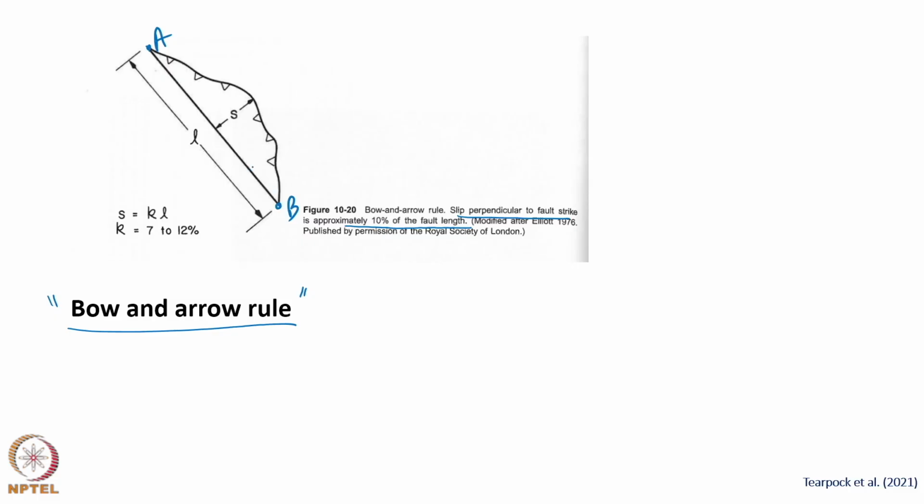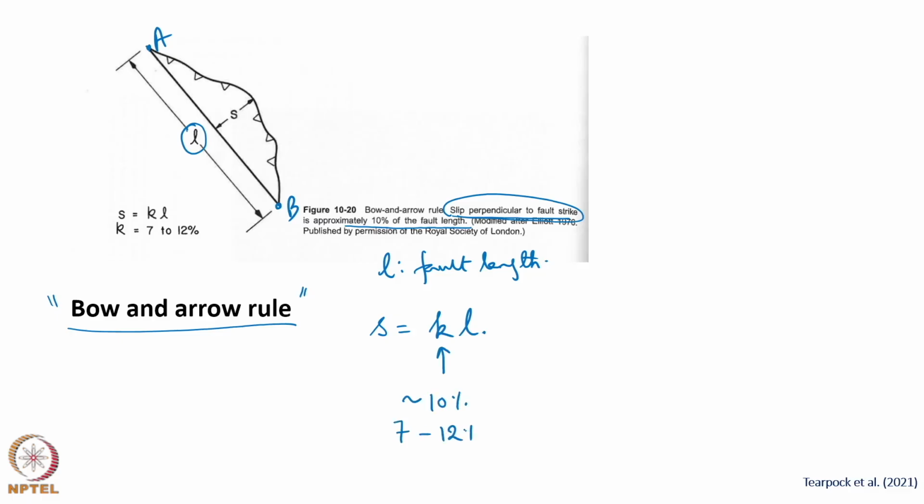I can join AB by a straight line. This L represents the fault length. Tentatively we can say that slip perpendicular to the strike, S, is equal to KL, where K is nearly 10%, but from fault to fault it can vary from 7 to 12%.